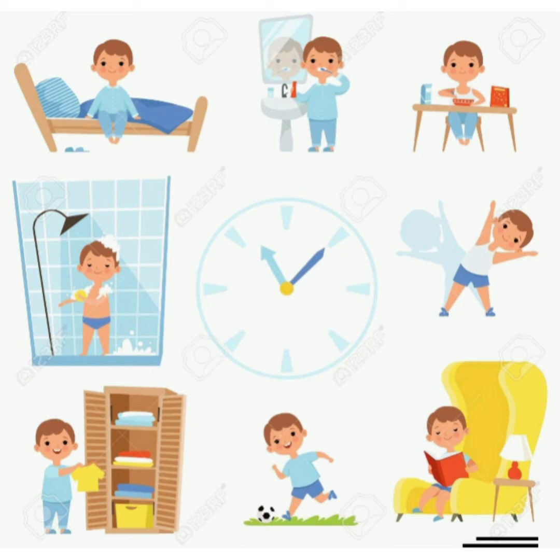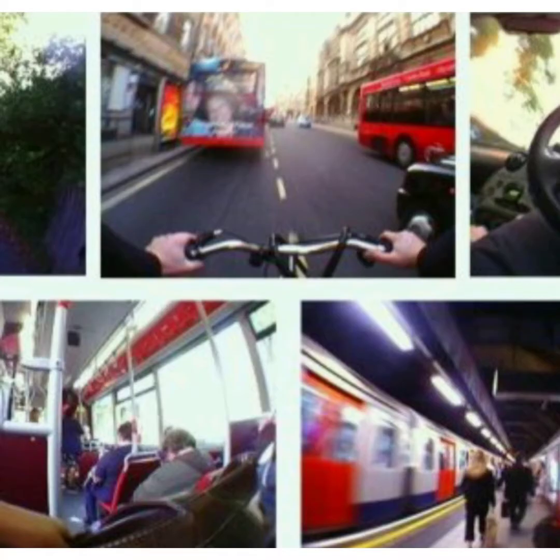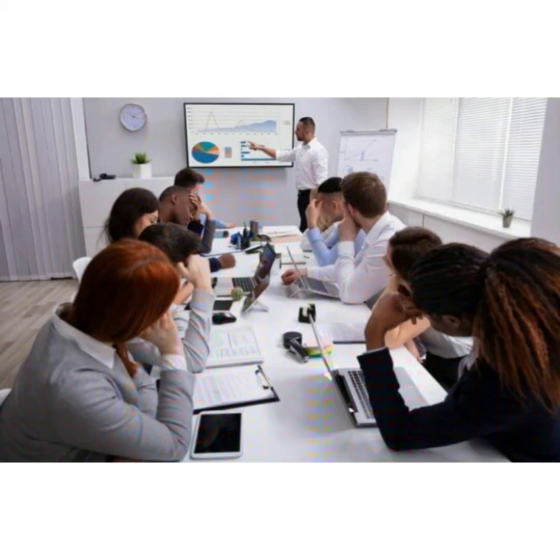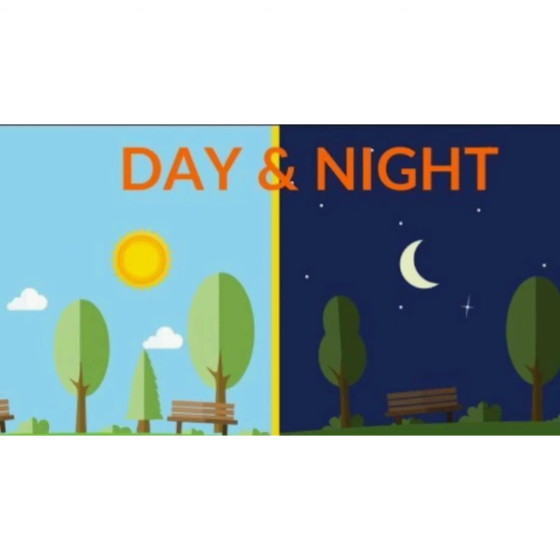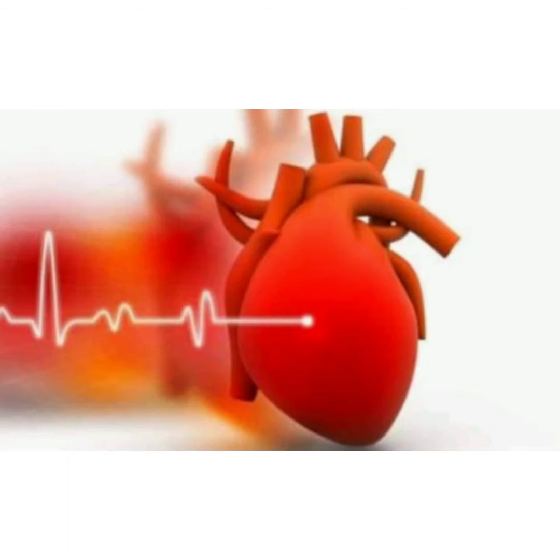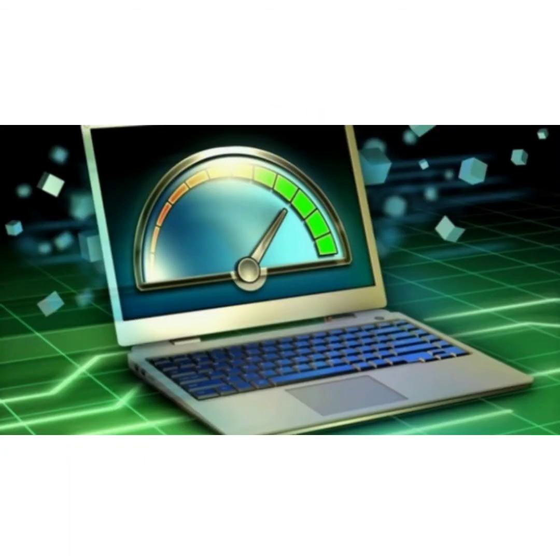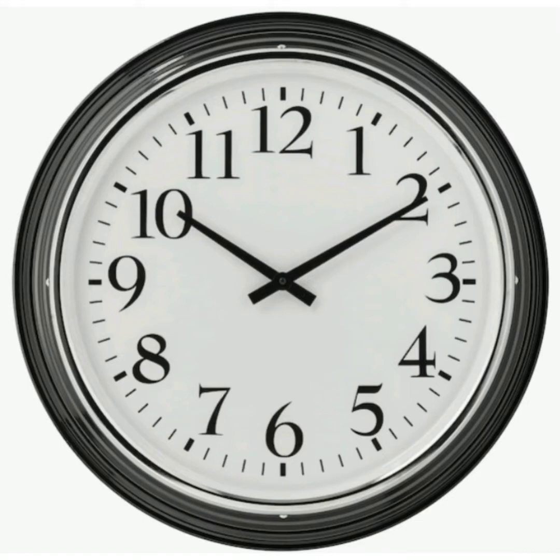For example, to know the duration of a journey, to meet the schedules in work, to know whether it's day or night, to know the heartbeat, to know the amount of time taken by the computer to perform an operation, etc. So, it is very important to measure time.